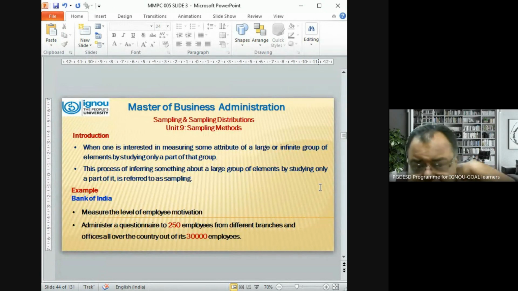Okay. Now you can see that it is written over there. We are talking about Bank of India. Now we have to measure the level of employee motivation. We administered a questionnaire to 250 employees from different branches and offices all over the country, out of its 30,000 employees.